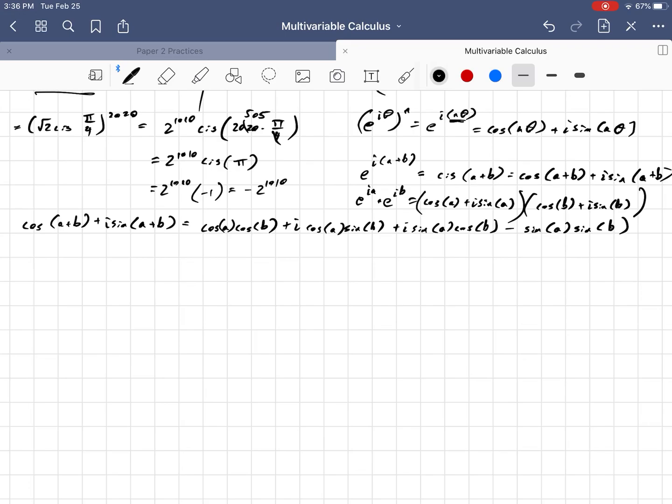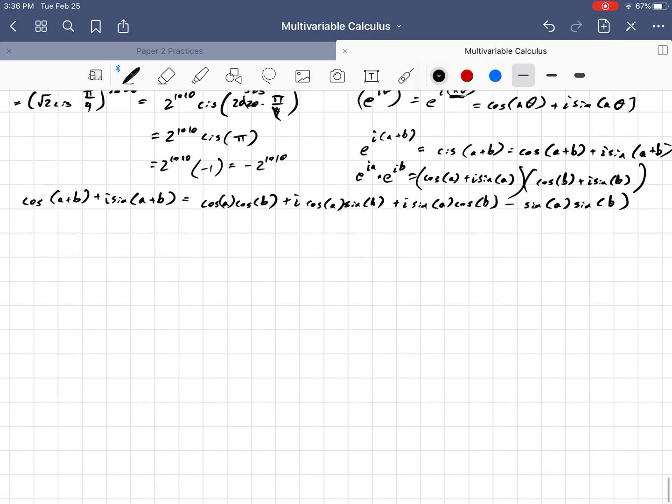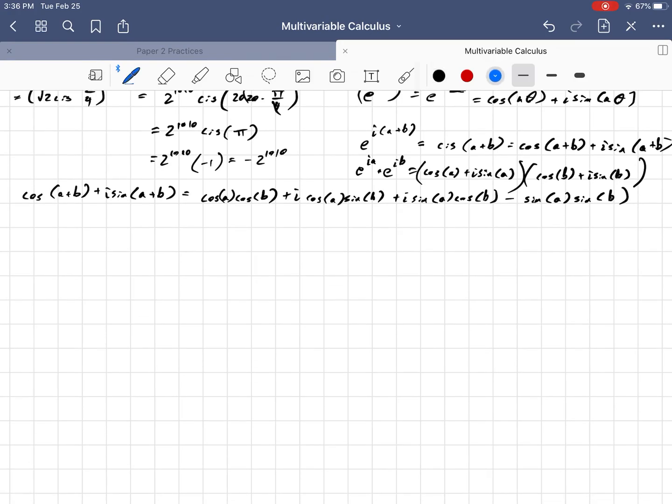Now this may look like a mess, but it's actually very nice, and I actually have the identity derived now, if you can't already tell. It comes from the fact, and it's a relatively obvious fact but a very powerful fact, it's the equivalence of complex numbers. In other words, a plus bi is equal to c plus di if and only if a is equal to c and b is equal to d.